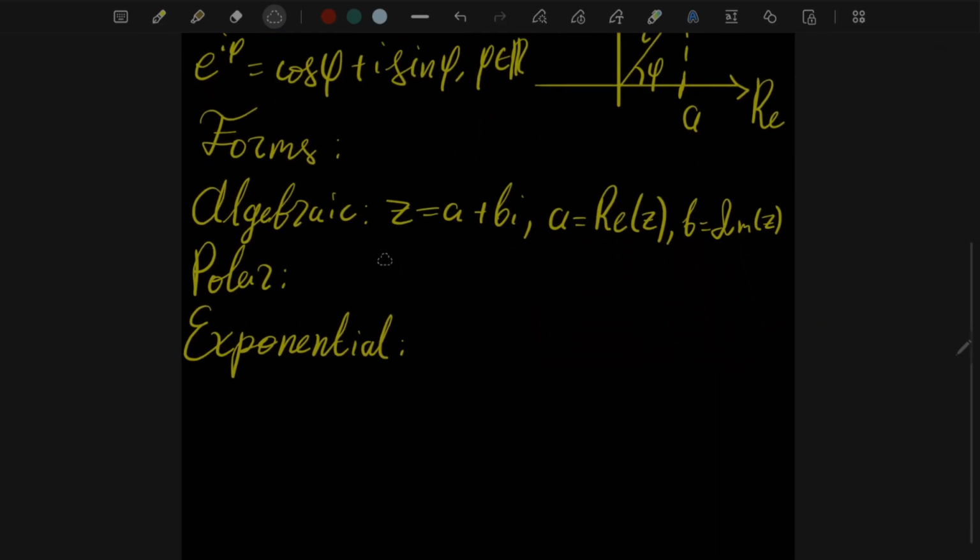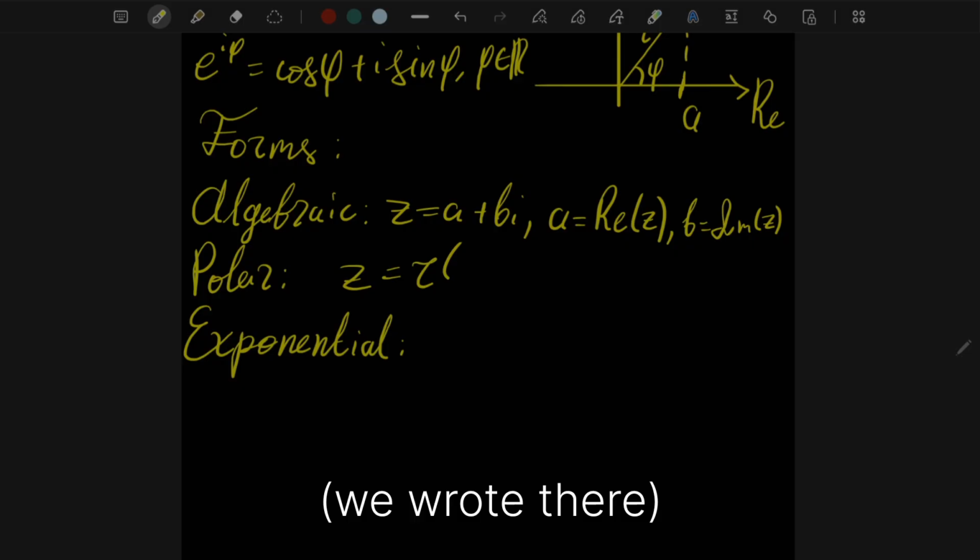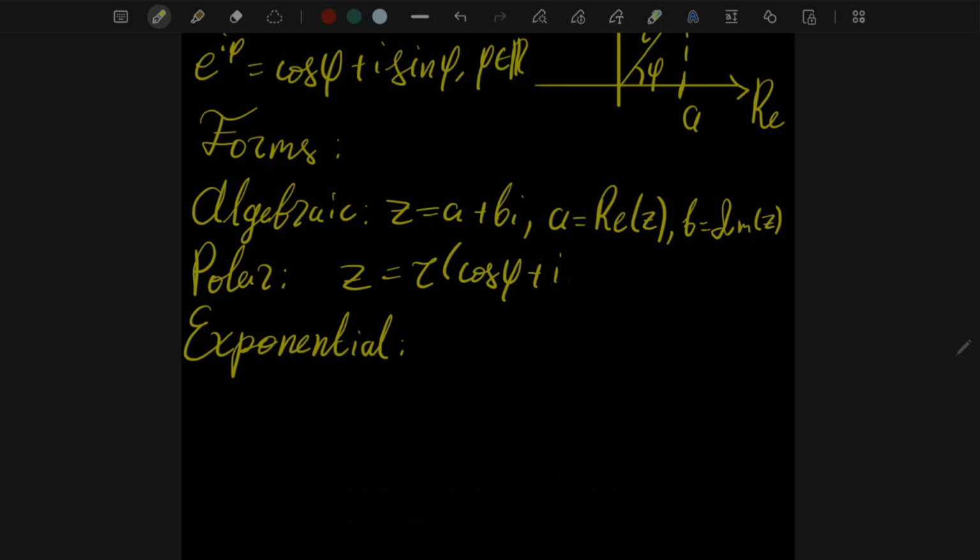Basically in this form, a complex number z can be expressed as its absolute value multiplied by the things that we wrote there: cosine of phi plus i sine of phi. And of course from this, by definition, we can get the exponential form, which is z equal to r times e to the i phi.